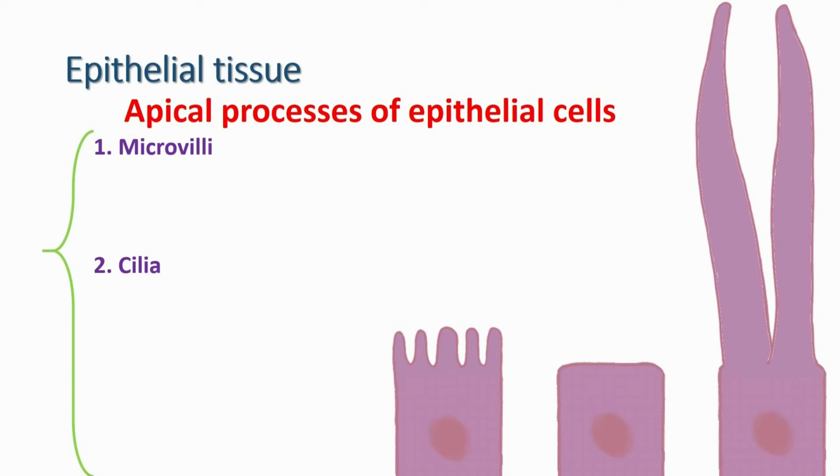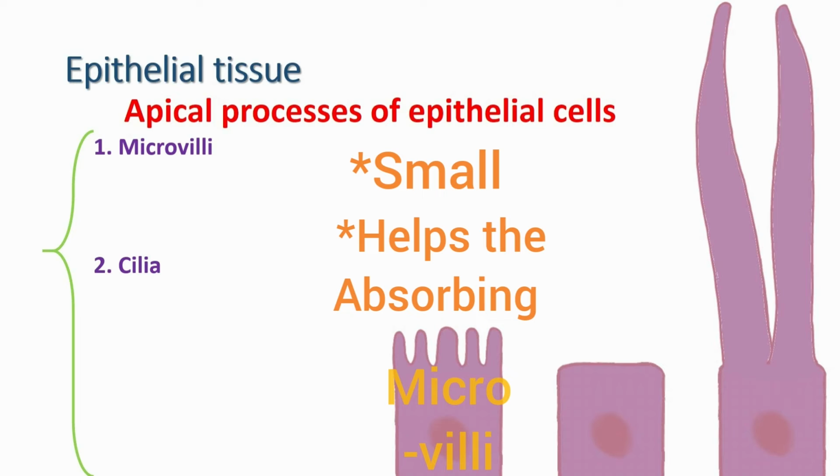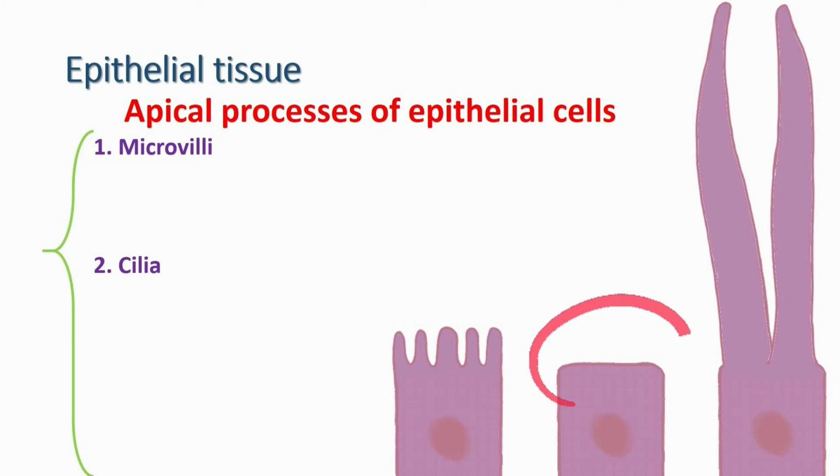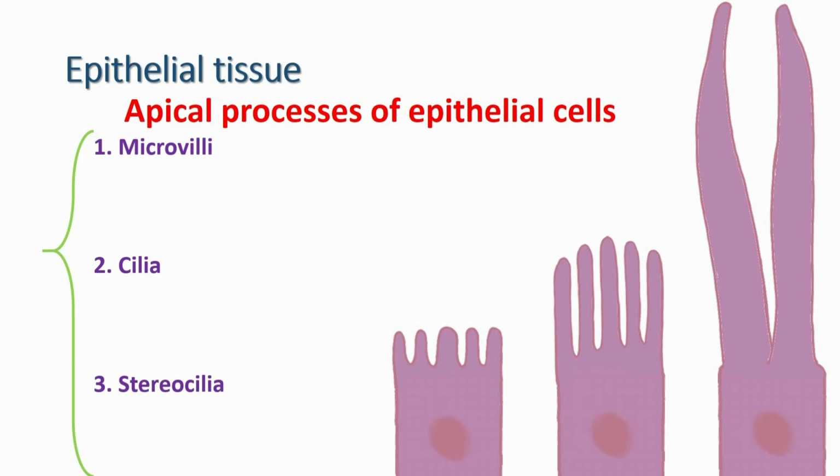So far, we've got microvilli, which is small and helps the cell absorb stuff better, and then cilia, which acts as a strong hand that can push the stuff away. Also, it's really big. But there's another type in the middle, which isn't as big as cilia but also not as small as microvilli.